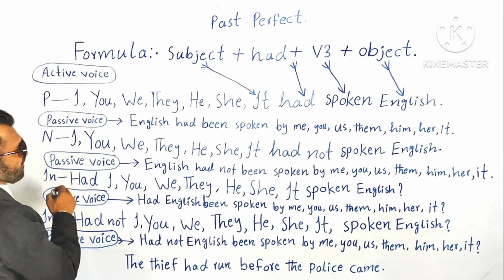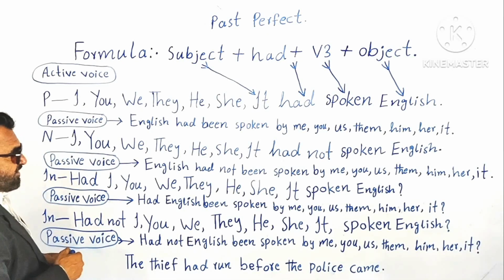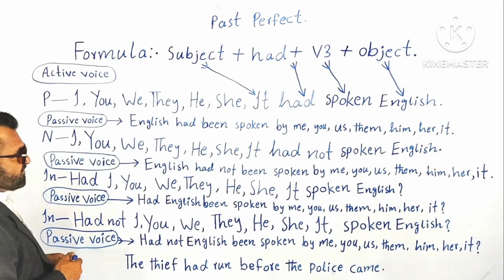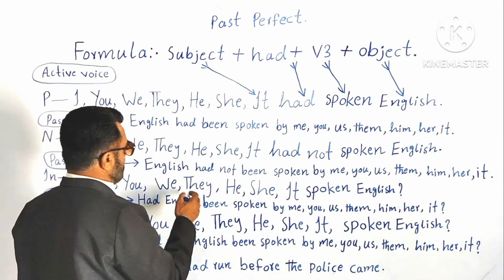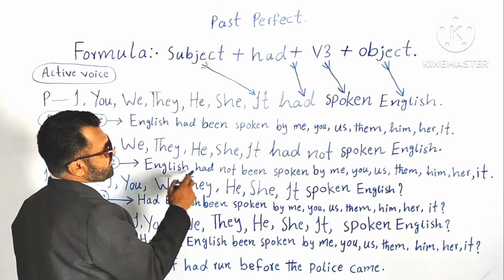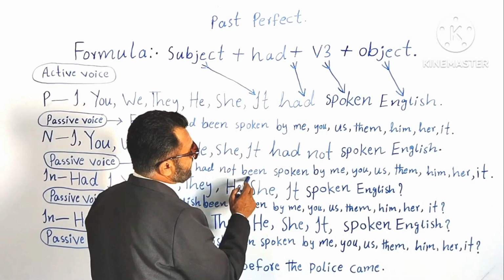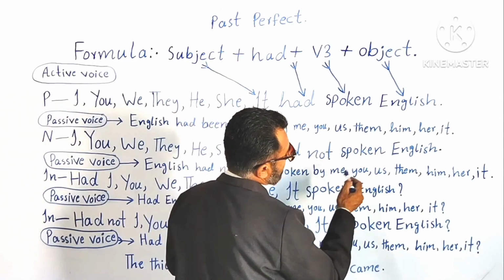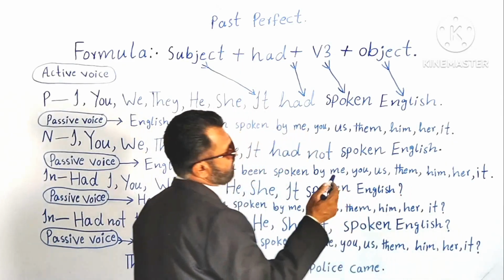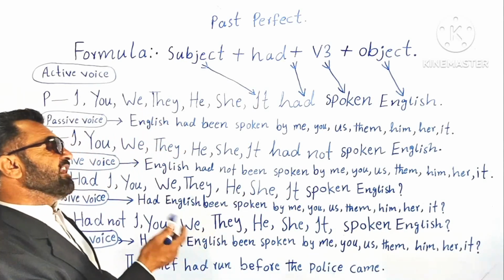Now let's go to the negative sentence of passive voice. You see, English had not been spoken, English had not been spoken by me, by you, by us, by them, by him, by her, by it, by Ali, etc.